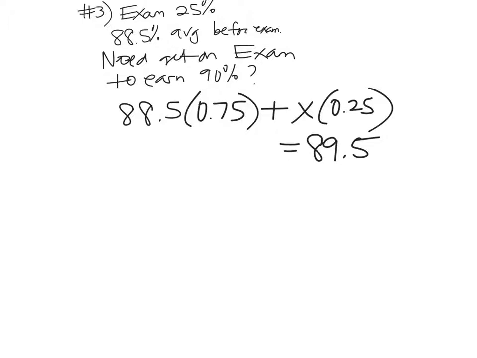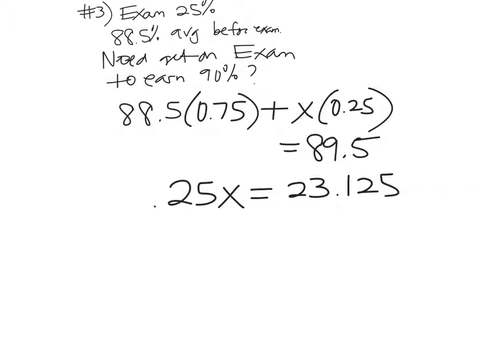And we're back. So let's go ahead and figure this one out, okay? So we have 88.5 times 0.75, and that's equal to 66.375. We're going to subtract that from 89.5. So we have 0.25x equals 23.125.